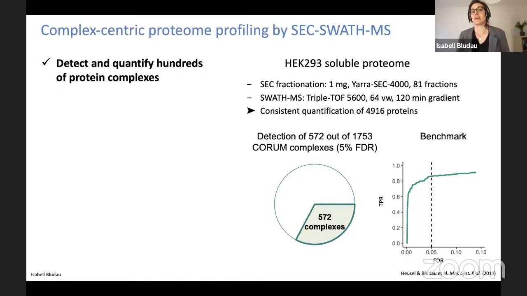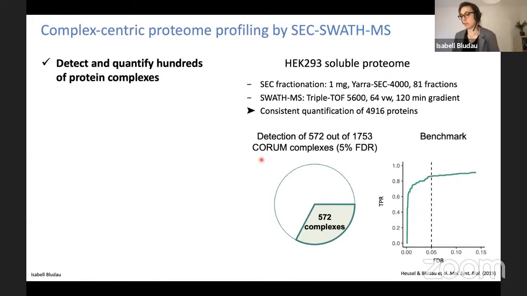He fractionated the HEK293 cells into 81 fractions, and each of these fractions was analyzed by DIA SWATH-MS on the TripleTOF 5600 using 120-minute gradients, and this led to the consistent quantification of roughly 5,000 proteins after very strict quality filtering. And using now the complex-centric analysis strategy with CORUM as the target hypothesis set, we could confidently detect signals for 572 complexes at a 5% FDR.